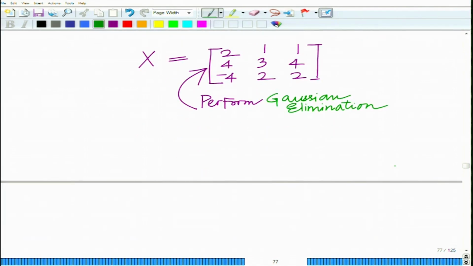So, first perform R2, that is row 2 minus twice row 1. What we are doing is using this element as a pivot, and we are subtracting to reduce the corresponding elements in the second row.